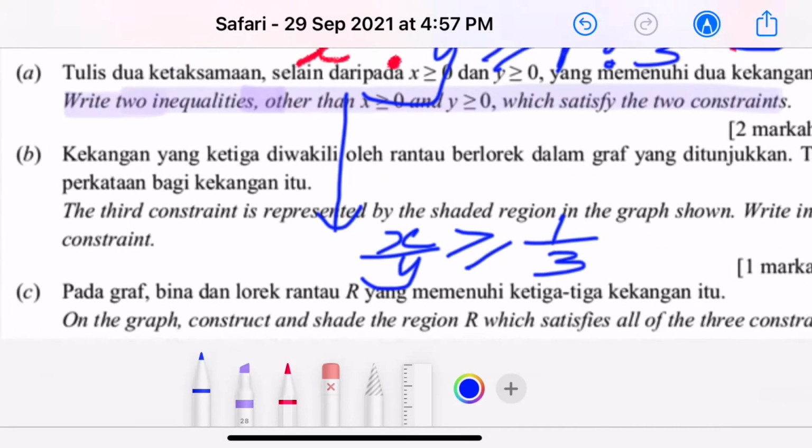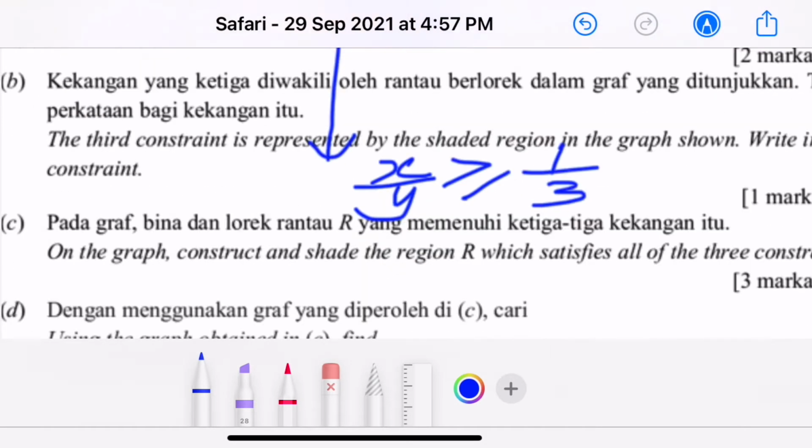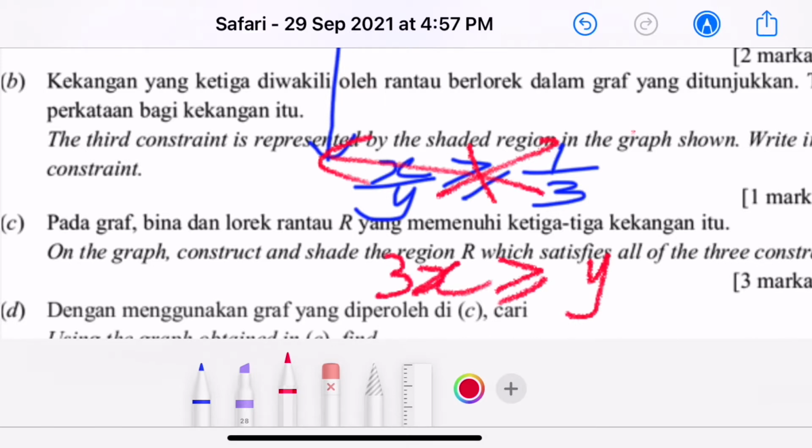We always want y as the subject, so cross multiply carefully. y goes here, 3 goes there, the symbol stays the same, 3x. So is y less than or equal to 3x?